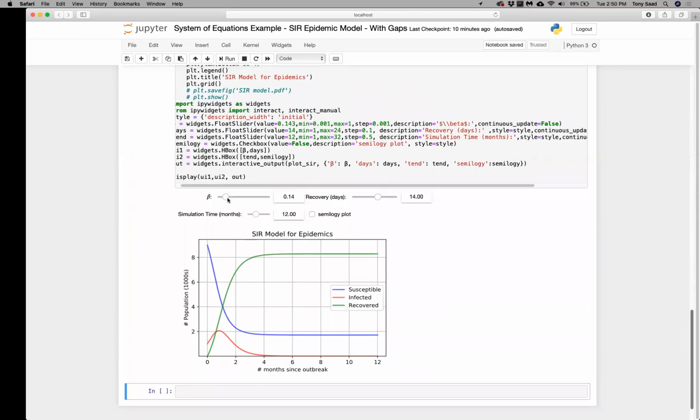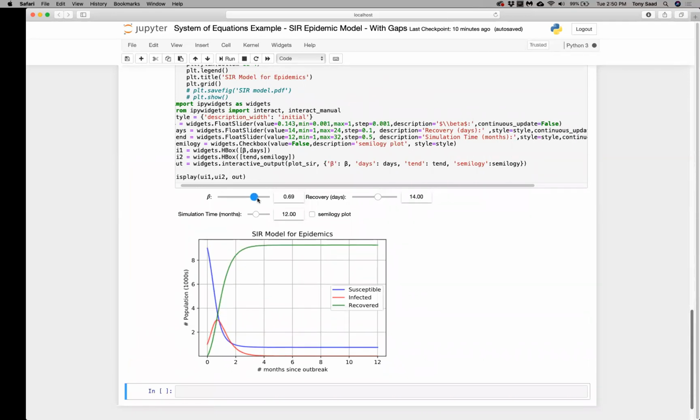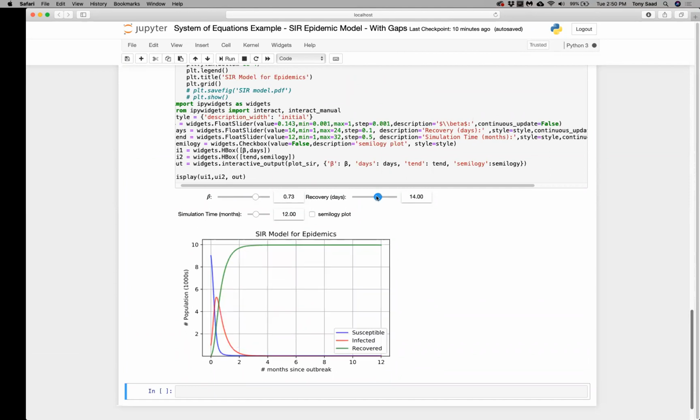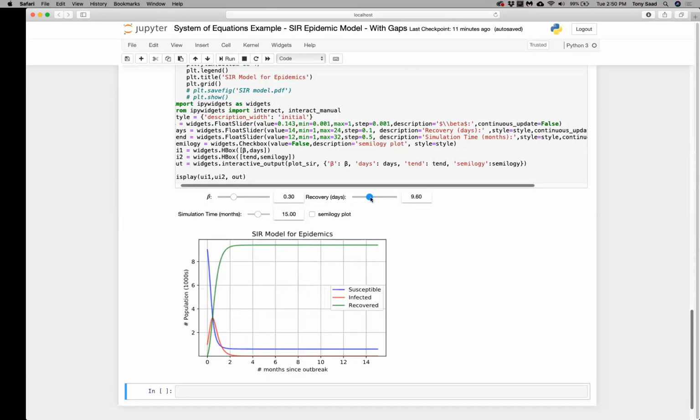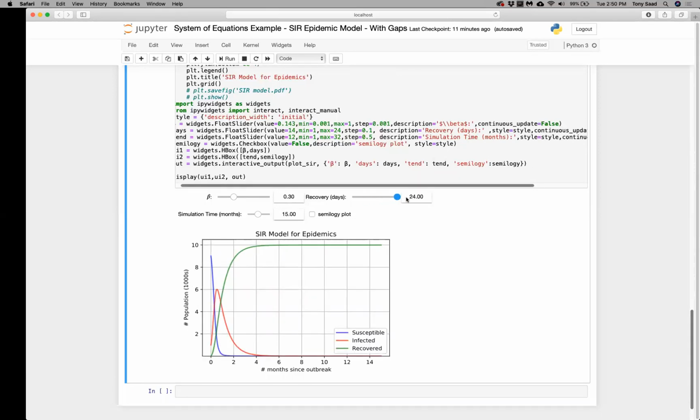All right, so now if you play around with beta over here with these sliders and the recovery days, you can play around on your own, see how you can flatten the curve, how you can try to make sense of this disease, right? So we run for 12 months, we change the infection rate, and then you change the number of recovery days, long recovery, you see how it expands, etc.